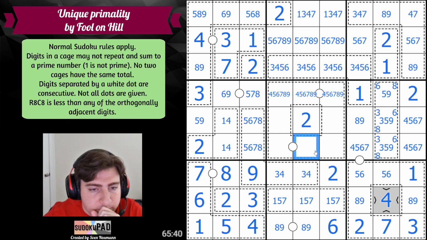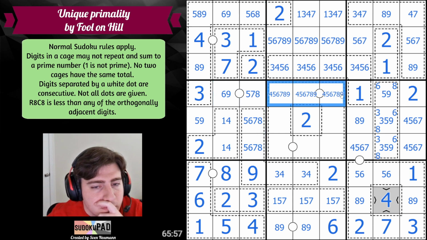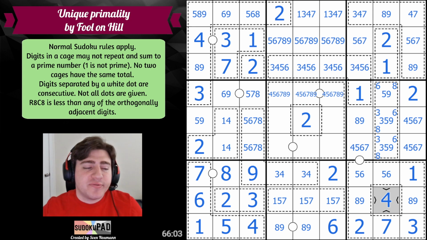Pretty crazy. That's some pretty crazy pencil marking. And I don't get any insights from that.